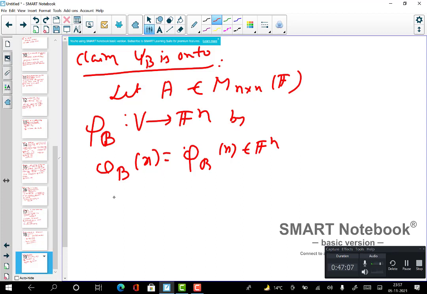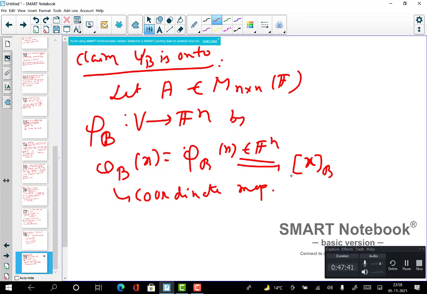This is called the coordinate map. This was already discussed long back, so let me just recall it again. Sometimes I also write the coordinate with respect to the basis B using another notation. It is the same thing; you can write it by psi or this. Both are the same.